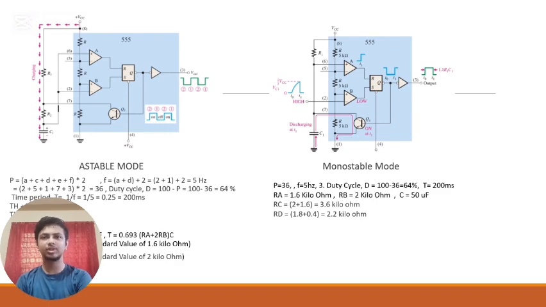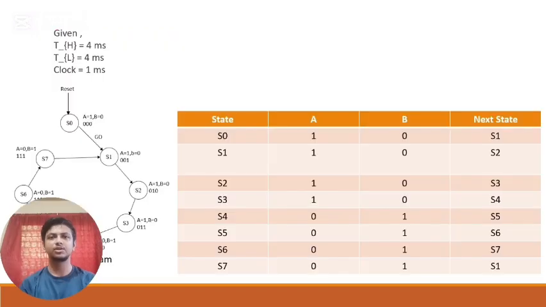Here are the 2 seven-segment displays using 2 555 timers. One is in astable mode, another one is in monostable mode. The state machine cycles through 8 states from S0 to S7 using binary encoding from 000 to 111.